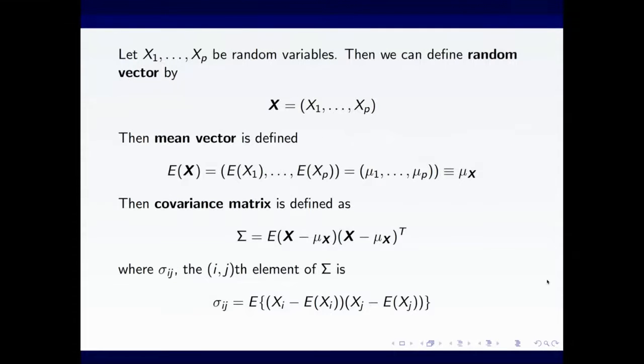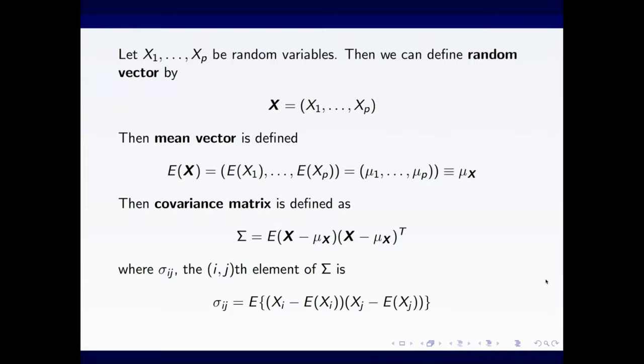So to talk about this correlation when we have three variables, now I would like to start to talk about the vector and the covariance matrix. Basically, we can take care of the general setting when we have many variables.